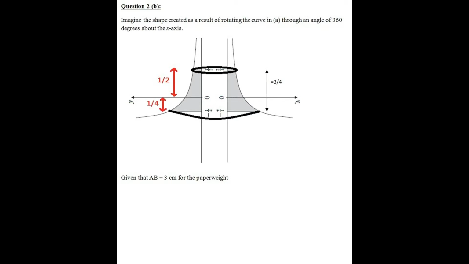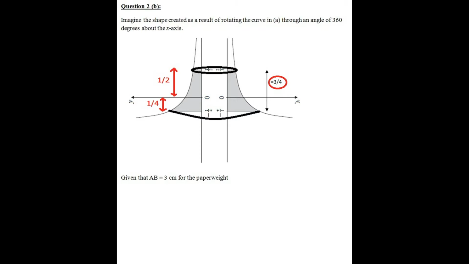If you sum the half with the quarter, that comes to 3/4. Bearing in mind, according to the question, the shape in part A is geometrically similar to the paperweight in this part. That is very important because we can use this 3/4, as well as AB, which is given as 3 centimeters, to work out the scale factor.